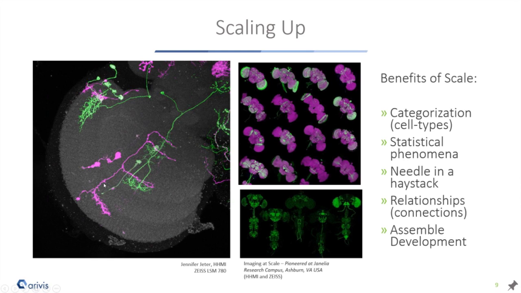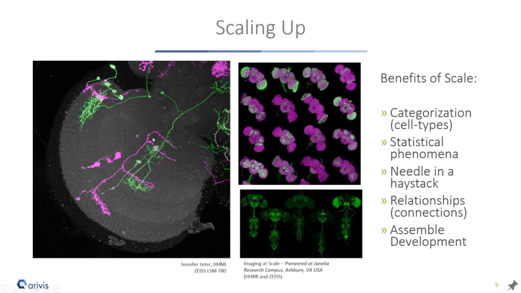And now in this case, we're able to see the morphology of all the cells inside of a brain. Well, nowadays, our imaging systems are so fast and produce much data very, very quickly at very high resolution. We're able to do this kind of imaging at scale.